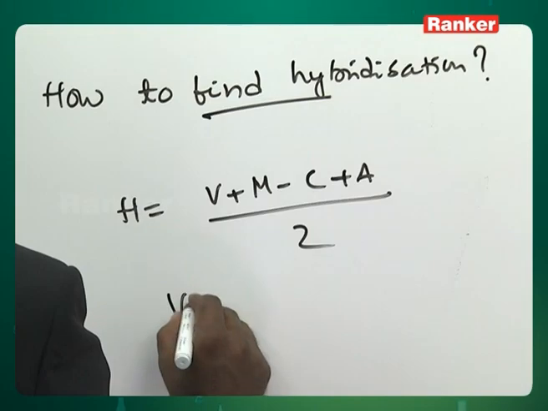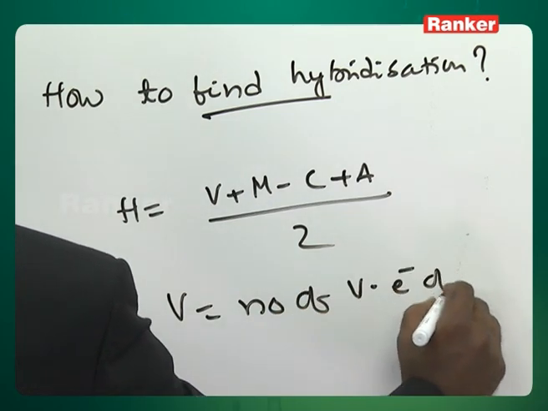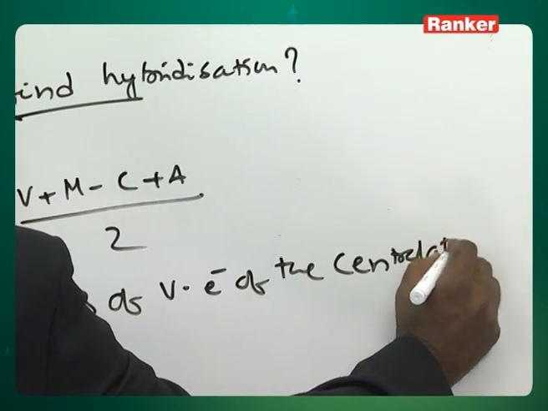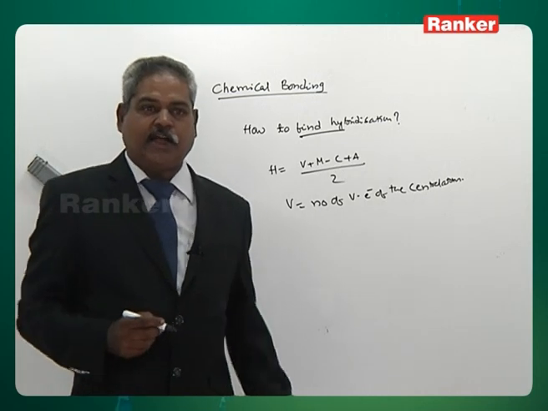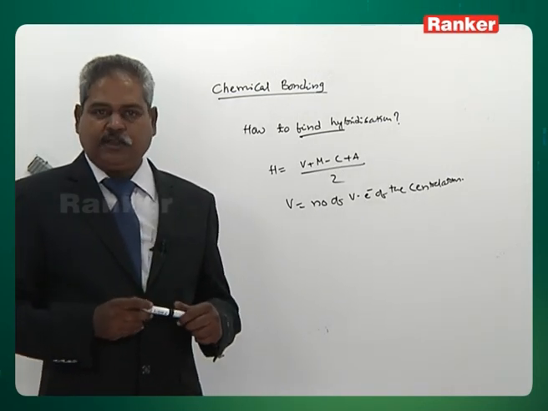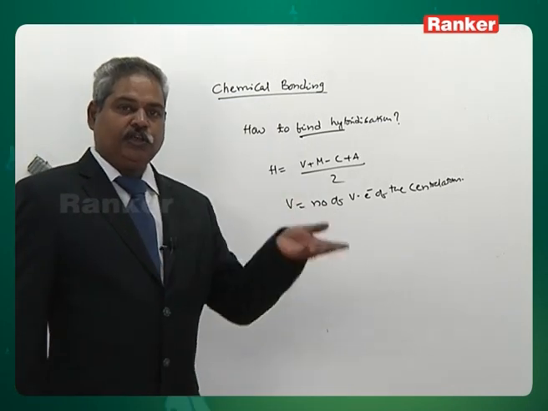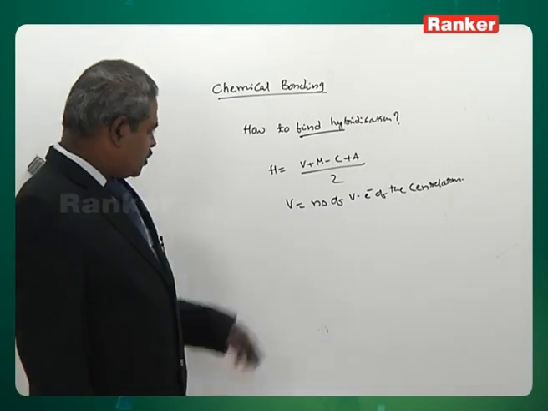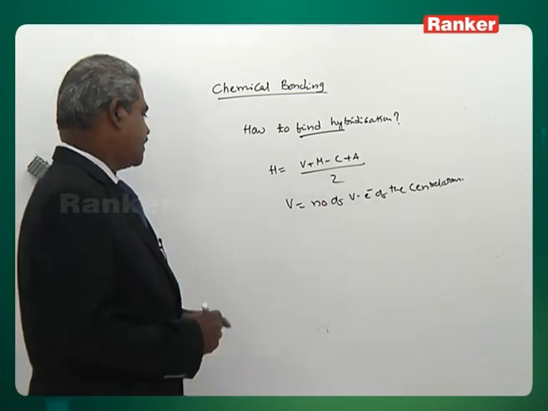V is equal to the number of valence electrons of the central atom. In most cases it is the group number, except in the case of xenon, because xenon happens to be in the 0 group, but the valence electrons are 8. So for this purpose we say xenon belongs to the 8th group.